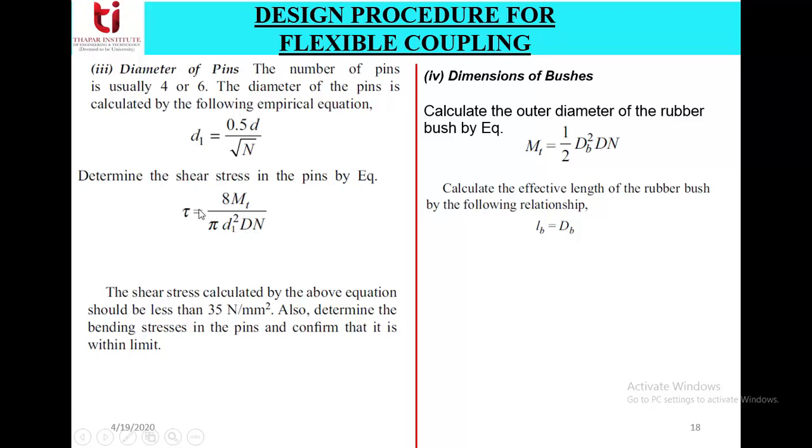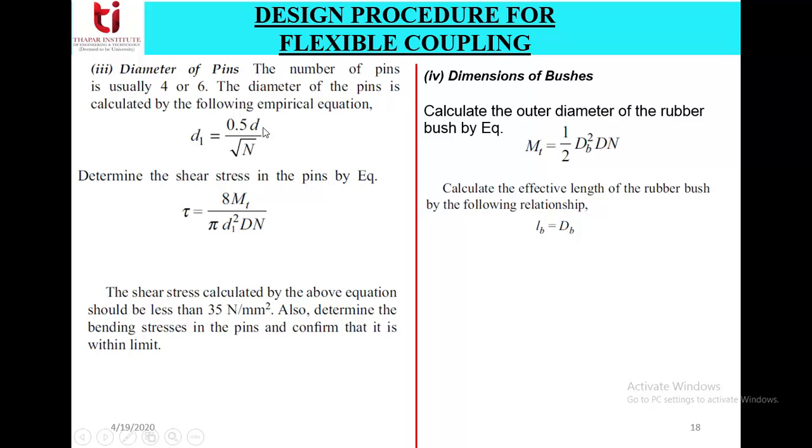And this shear stress for pins is limited to 35 megapascal. From this criterion we can see whether the design d1 is safe or not, whether it is within the permissible limit. You can also check the diameter d1 for bending stress calculations.